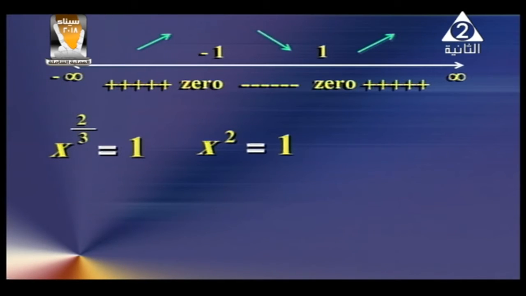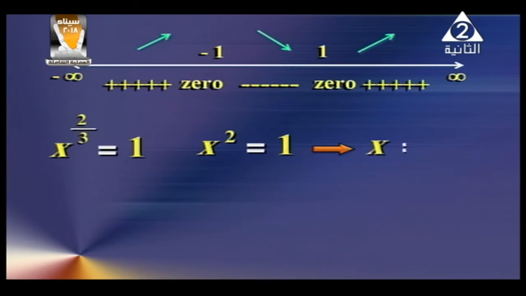Why? When x to the power 2/3 equals 1, we raise both the left-hand side and the right-hand side to the power 3/2. Then (x^(2/3))^(3/2) equals 1^(3/2). What is the value of the left-hand side? It is x squared. The right-hand side is 1. What is the value of x?